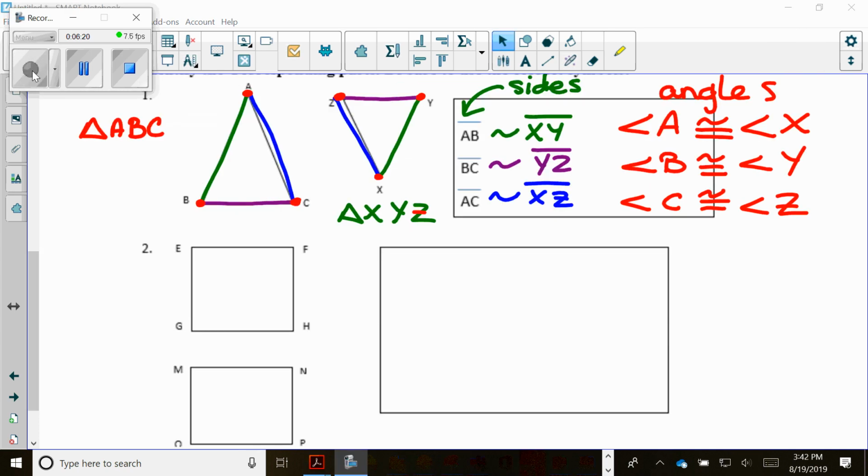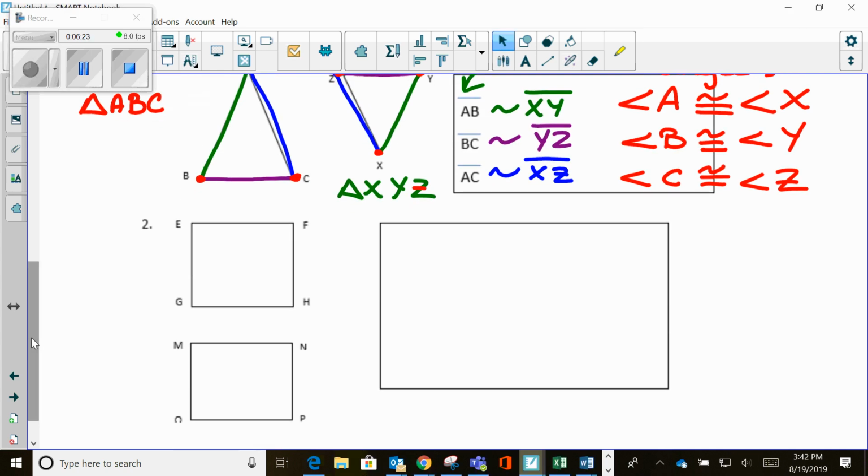All right. For example 2, this time we're looking at two squares. They could be rectangles. We don't know for sure if they are congruent or if they are similar because they didn't tell us. But we can go ahead and name them. I'm going to start with the letter E, and I'm going to go in a clockwise motion to name this rectangle. So I'm going to say E, F, H, G. You just kind of go around in a circle to list all of your names.